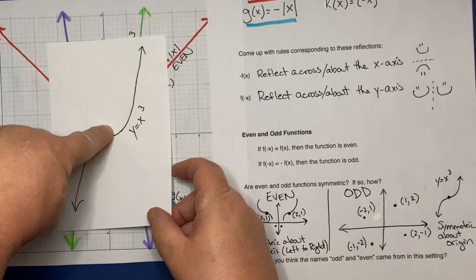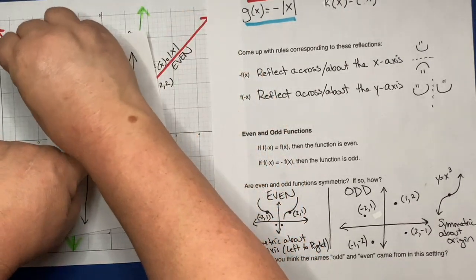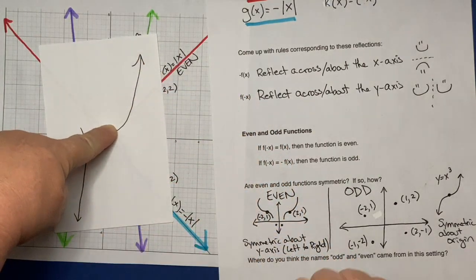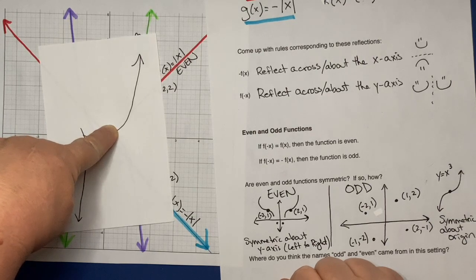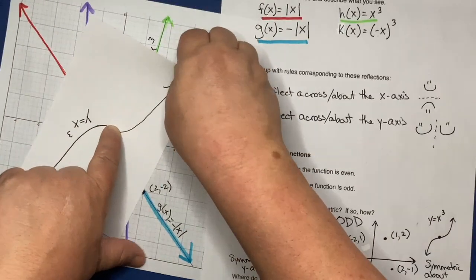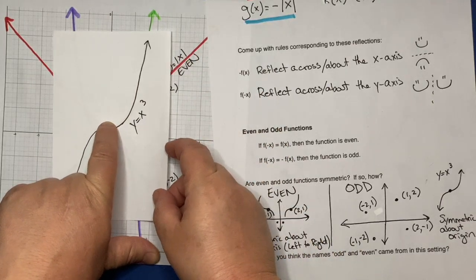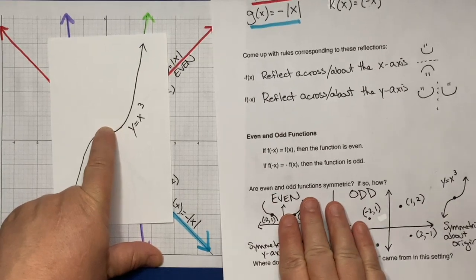So what I'm saying is if I hold that point and I spin it around, I end up with the same function. That's what symmetry about the origin is. It's a rotation, except rotation is something else. But to humans, it looks like a rotation. So it's kind of cool.